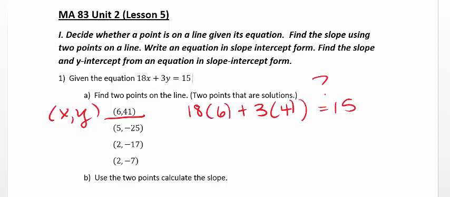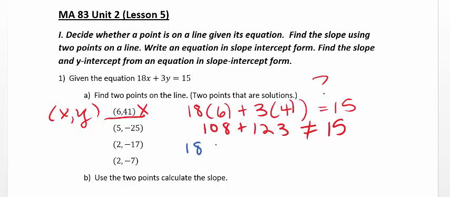a true statement. Well, when we simplify this, 18 times 6 is 108. 3 times 41 is 123. Well, I can tell together there's no way that that equals 15. So this one is not a solution. Let's check 5, negative 25.